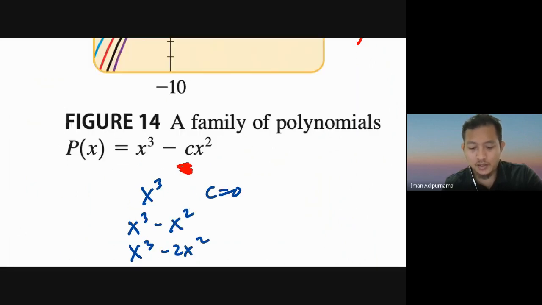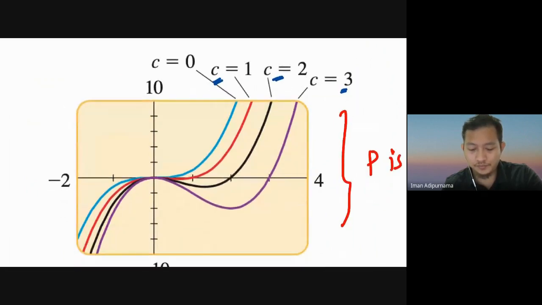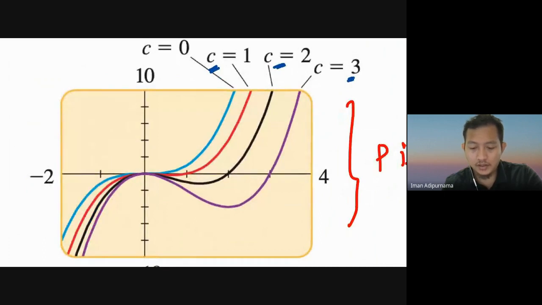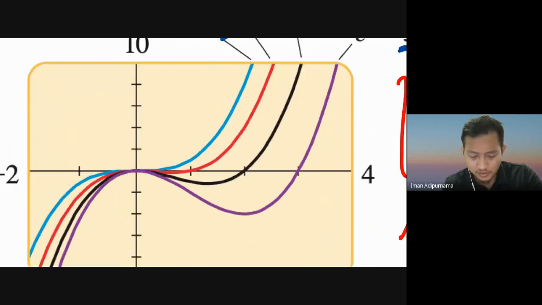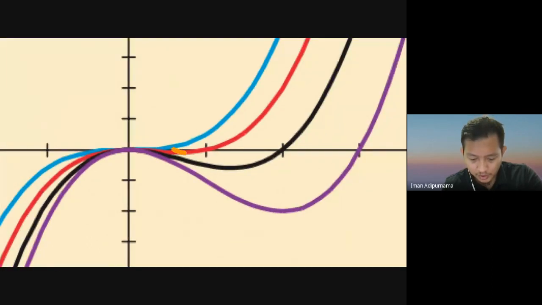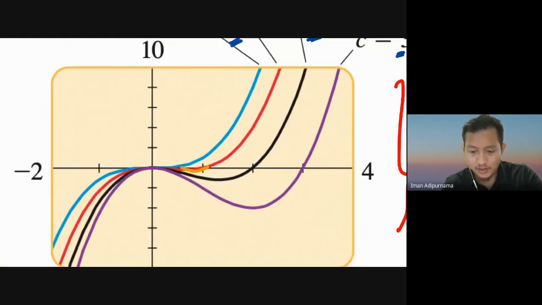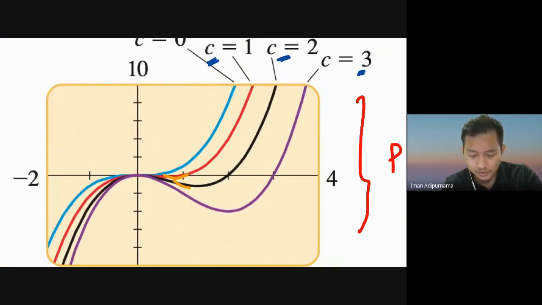When you increase c, notice that from 0 to 1 is not really significant. It's just a little amount going here, right? And then c increasing to 2 is going here, right? And c equals 3 is more and more going here.